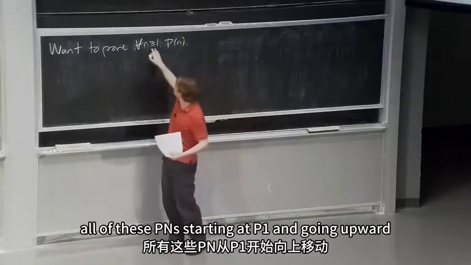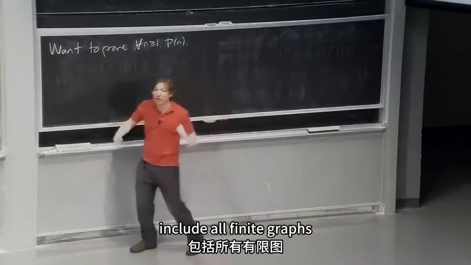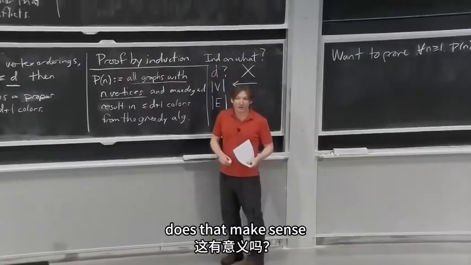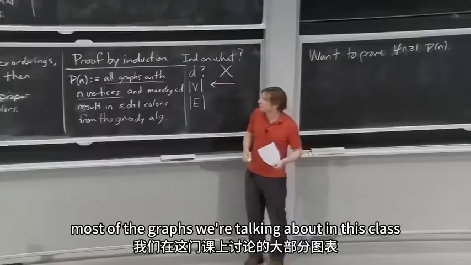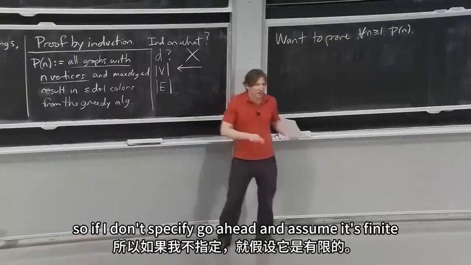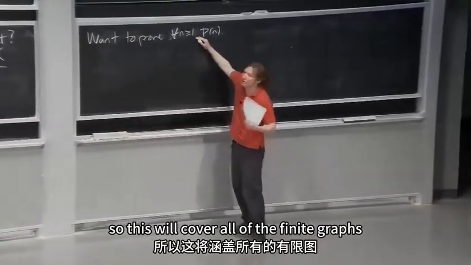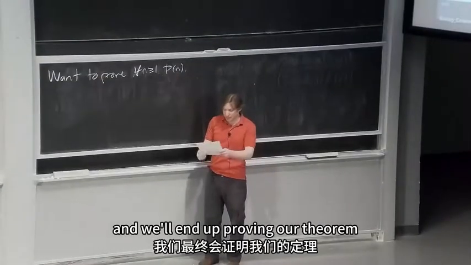Together, all of these P of n's, starting at P of 1 and going upward, include all finite graphs. Does that make sense? I failed to mention earlier, but most of the graphs we're talking about in this class are going to be finite. So if I don't specify, go ahead and assume it's finite. So this will cover all the graphs we care about, and we'll end up proving our theorem.